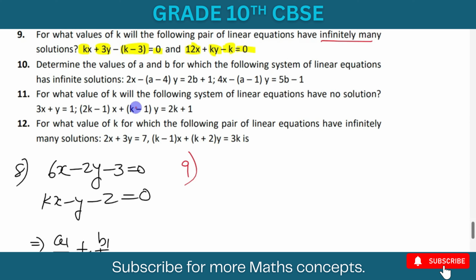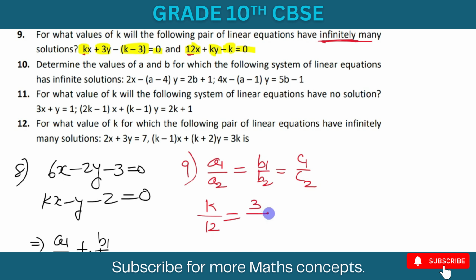Now see, for infinitely many solutions, you already know the condition: a1 over a2 is equal to b1 over b2 is equal to c1 over c2. Now a1, the coefficient of x in the first equation, is k. a2, the coefficient of x in the second equation, is 12. b1, the coefficient of y in the first equation, is 3, and b2 is k.